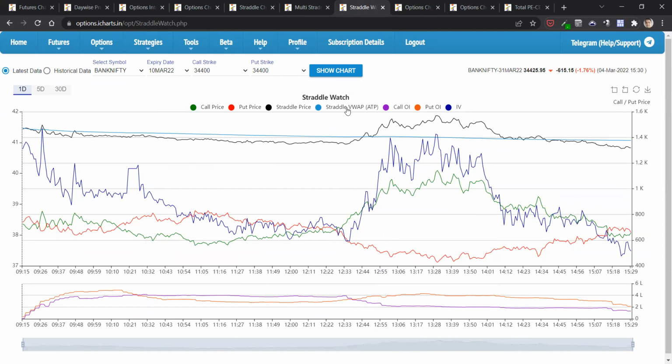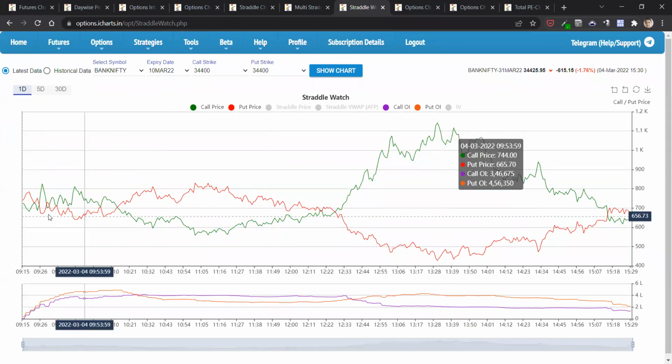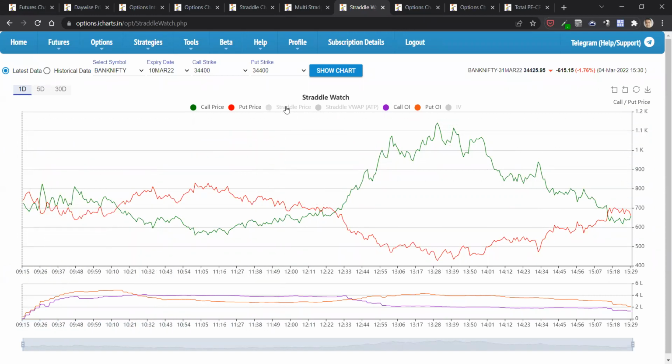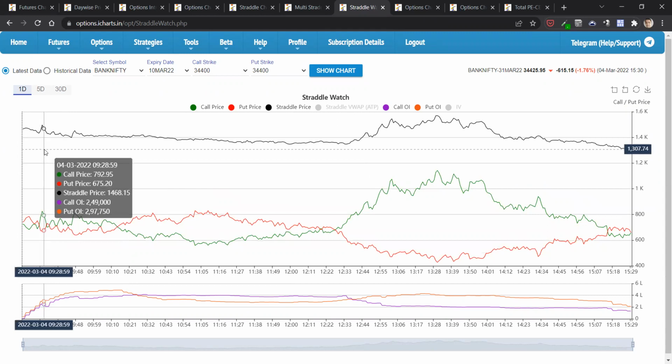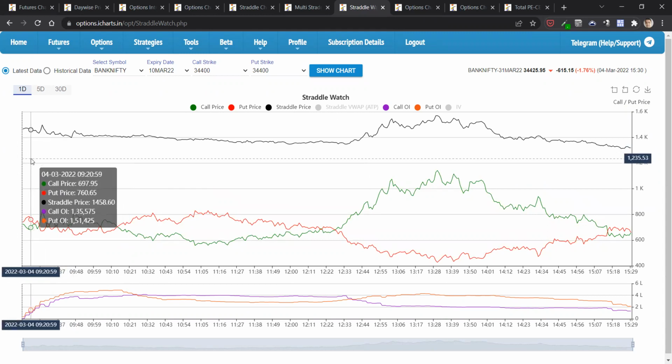Okay, what it does is, let me turn this off. So this is being initiated over here at say 9:20. Now call price is 697, so say 700. Put price is 760. And the straddle price is 1458.